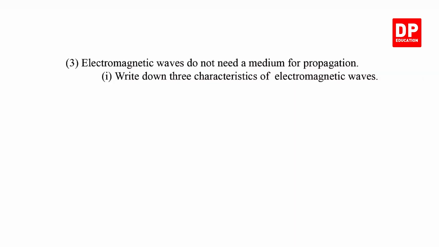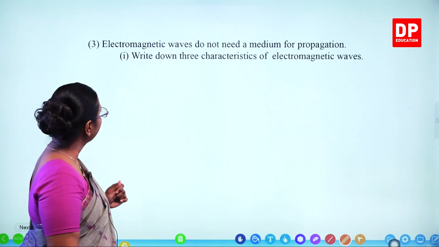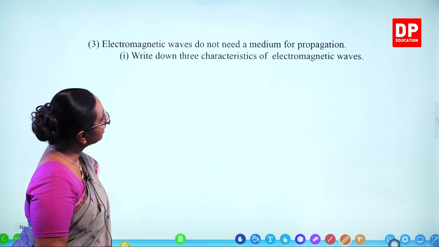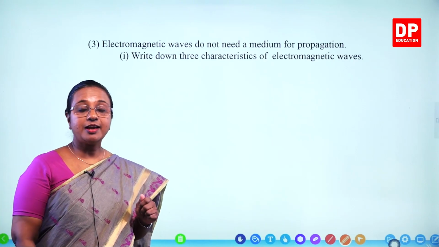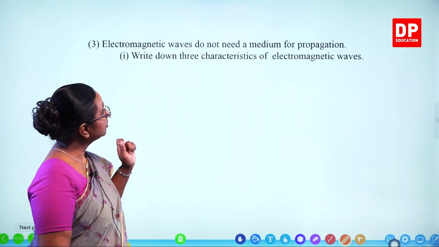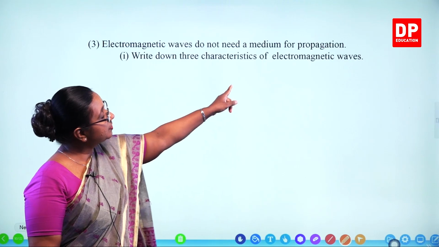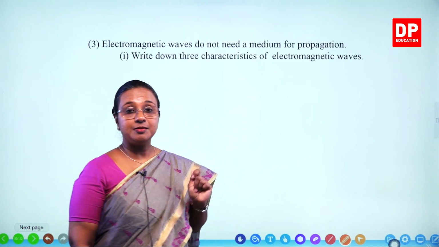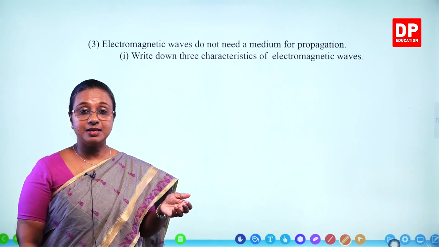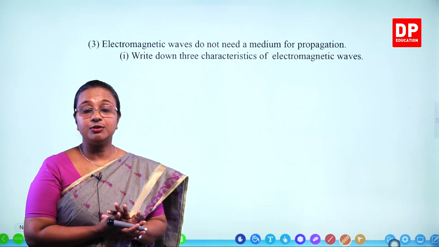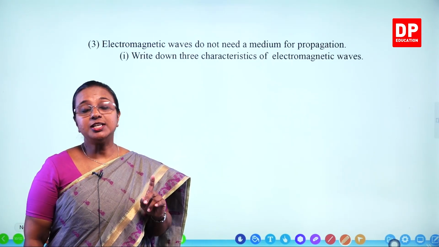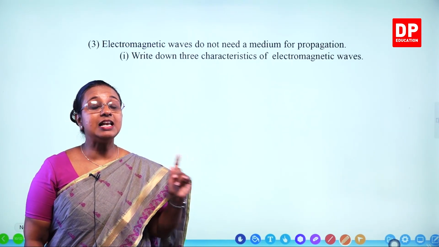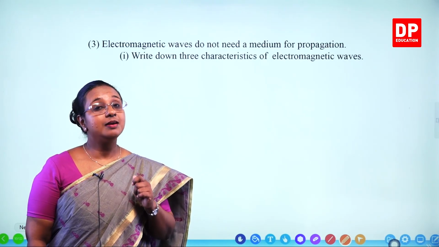Electromagnetic waves do not need a medium for propagation. That you know very well. Write down three characteristics of electromagnetic waves. You all know the three characteristics. The electromagnetic wave, it's made up of an electric field and a magnetic field which are perpendicular to each other. So therefore, the wave is not affected by external electric or magnetic fields.